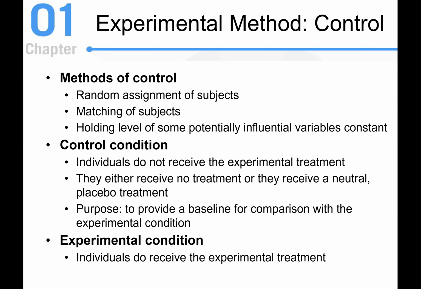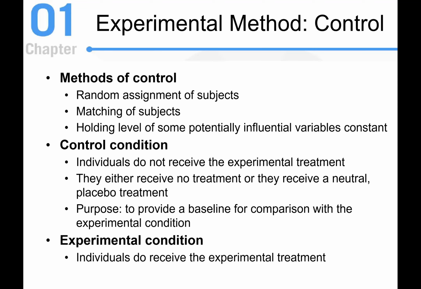Another kind of control is what's called matching of subjects. Sometimes if we have a certain kind of variable of interest, let's say IQ, we want to match participants in different groups on that particular variable.